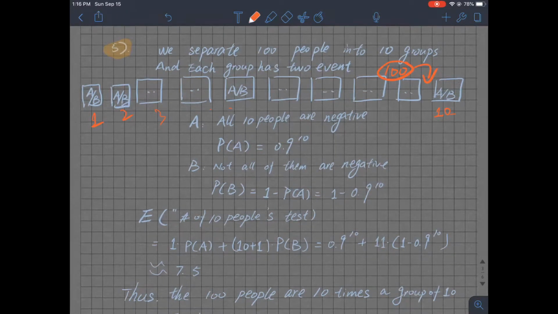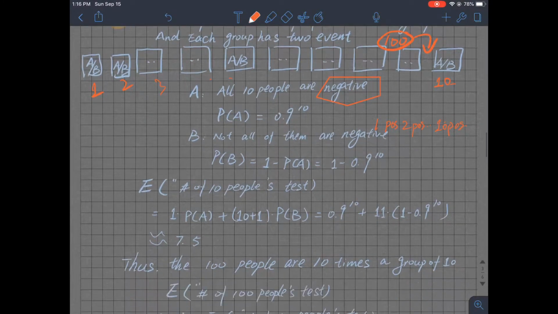The first event is that all 10 people are negative. The second is that one of them is positive, or 2 positive, up to 10 positive, as we analyzed in the previous slides.